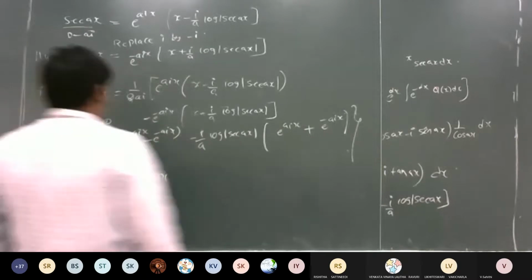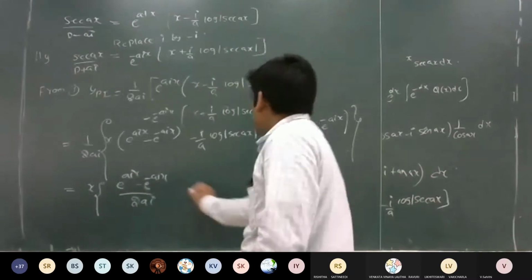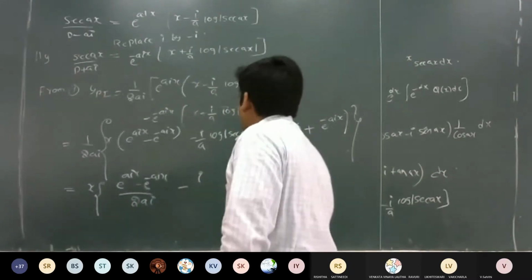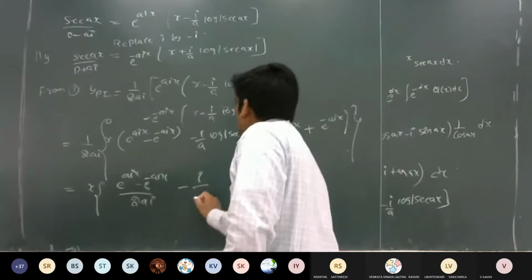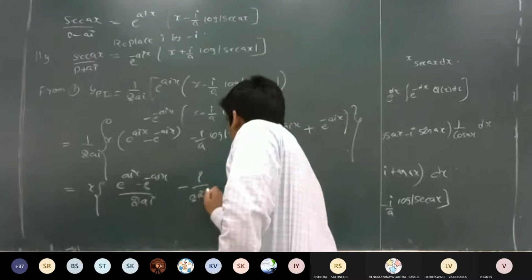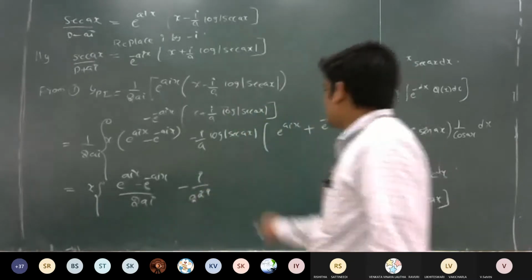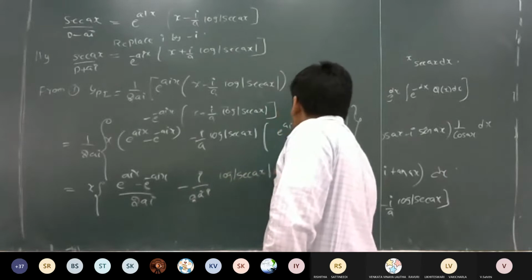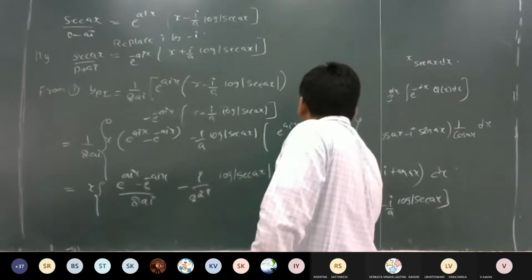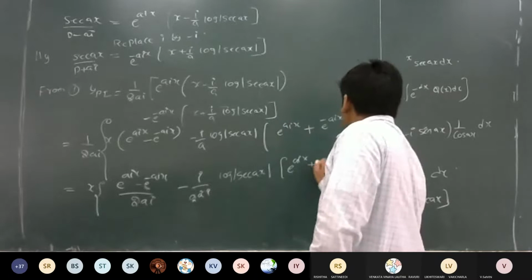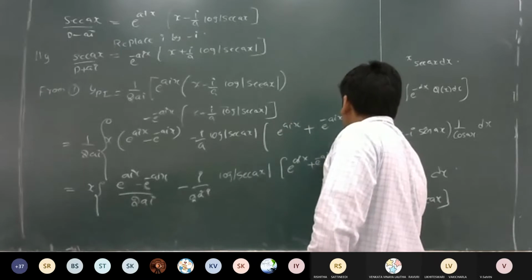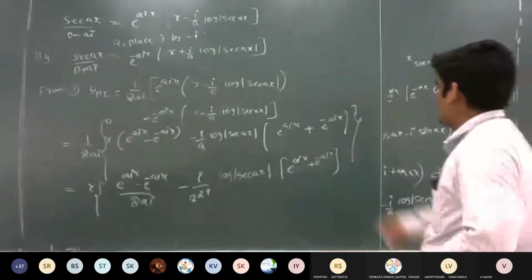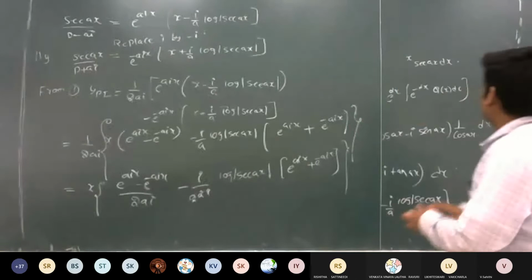I multiply 2a inside, so here i by 2a square i, log of secant ax into e power ax plus e power minus ax. Now we have to simplify this one.